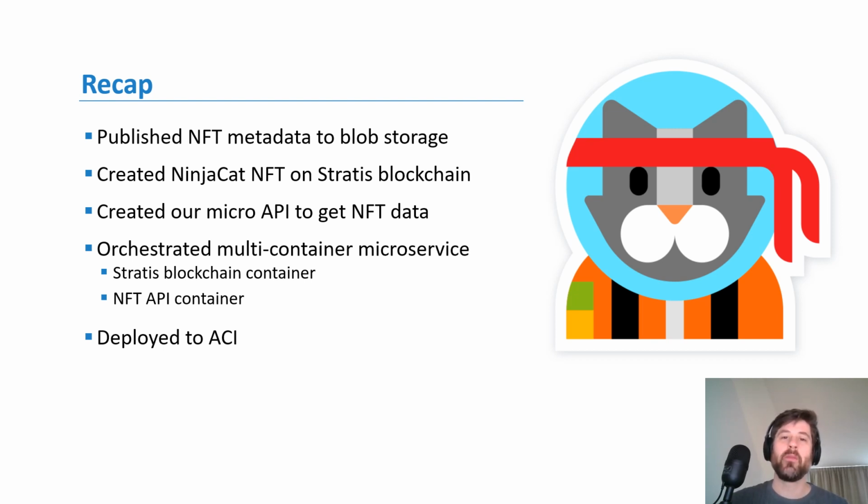And so that we're easily able to view information and share information about our NFT and consume it with other applications or UIs, we've written a small microservice to obtain that NFT data directly from a blockchain instance that we host. And we've done this by creating a multi-container group using a very simple configuration file, which we then deployed to Azure Container Instances.